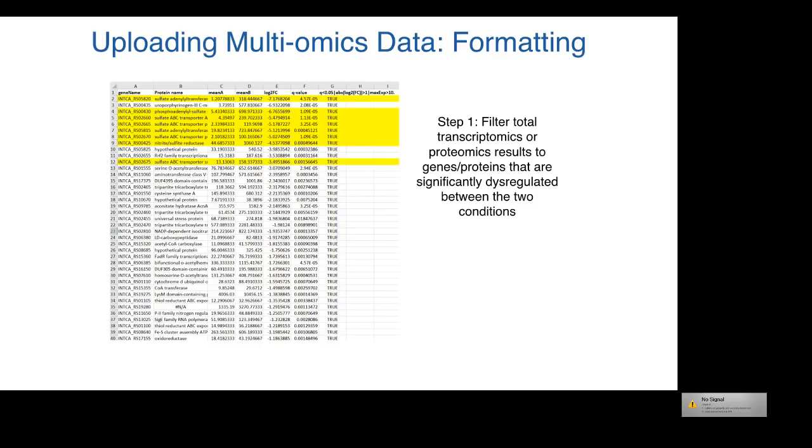So how do you do this? One key piece of information that isn't currently well laid out on our website is how to format your multi-omics data, so either your transcriptomics or your proteomics data, before you upload it to our portal. You are responsible for filtering your multi-omic data to only have your significantly dysregulated genes or proteins.